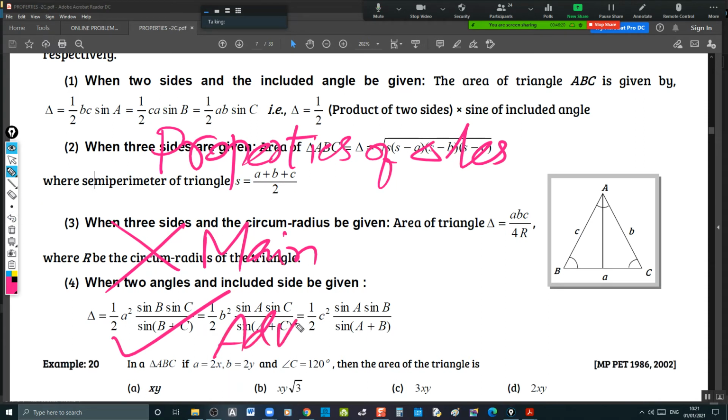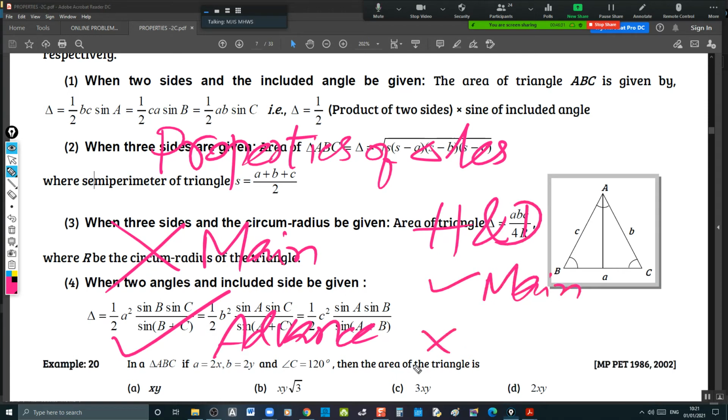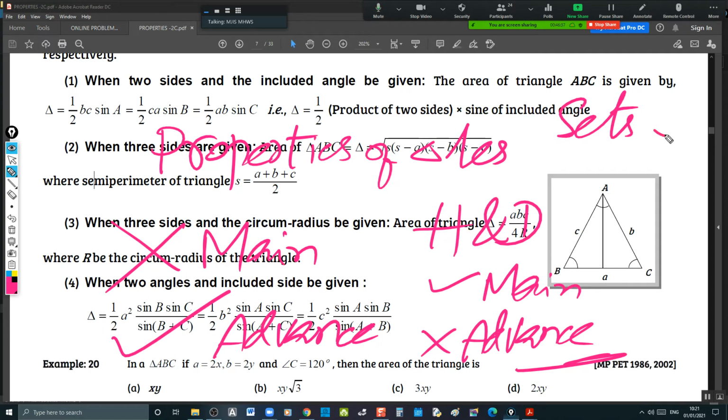Heights and distances: only for main, not for advanced. Sets and relations: only for main, not for advanced.